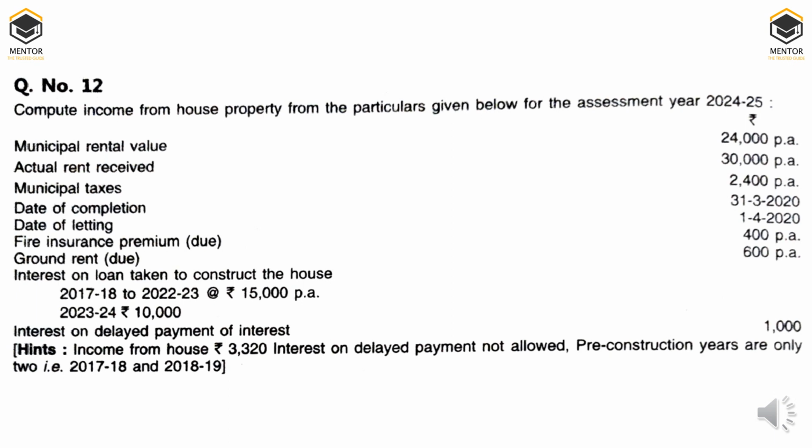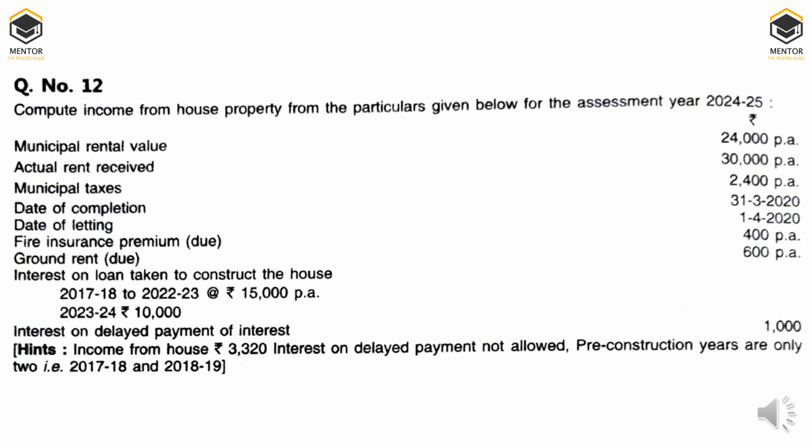So 17-18 and 18-19, these 2 years are pre-construction period interest, since the building stood ready for letting out in the year 19-20. What does the law say? Pre-construction period interest is allowed as deduction in 5 equal installments. Clear? So 23-24 is 10,000.